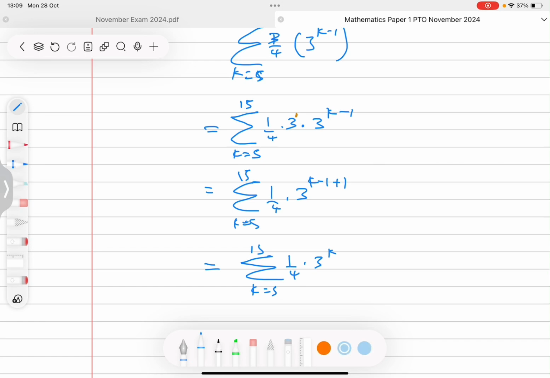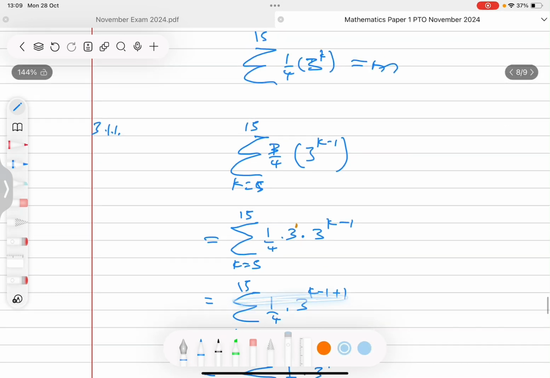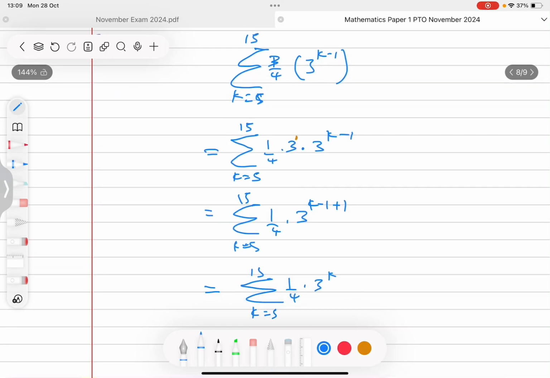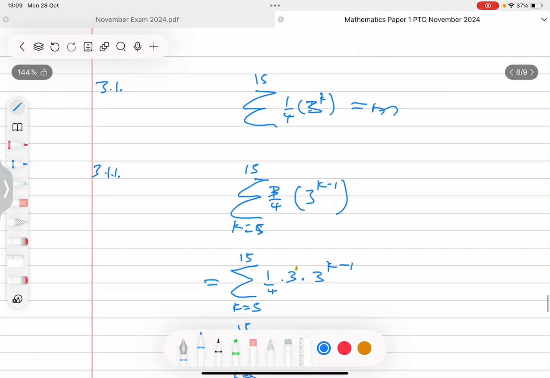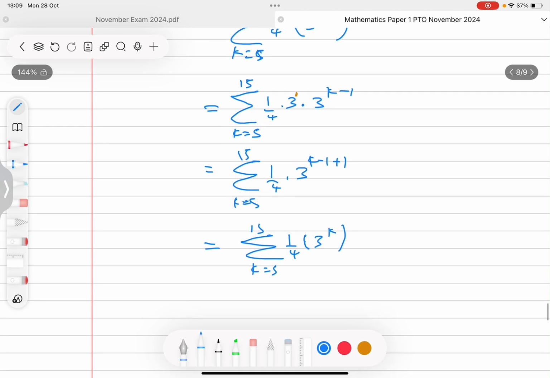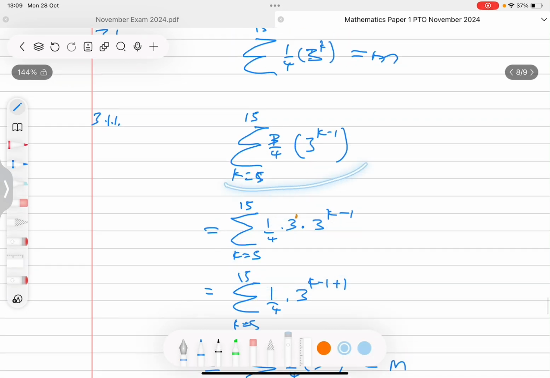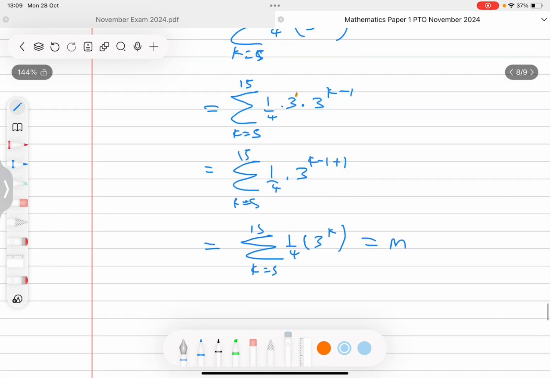But when you look at this, it's exactly the same as this. You can just remove the dot and put the brackets. They look exactly the same. It means this sum of terms is exactly equal to m. So in fact, this is m itself. This guy here is the same as m. We just proved it here.